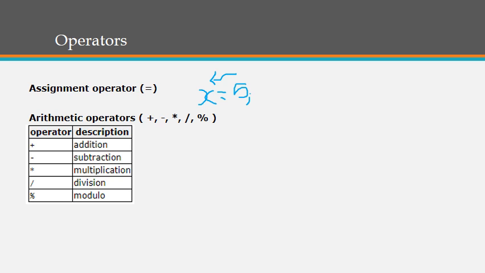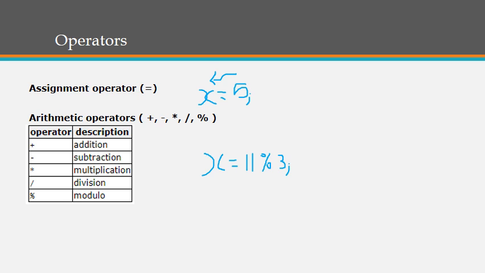For example, if we had x equal 11 percent 3, we're saying what is the value of the remainder once 11 is divided by 3.